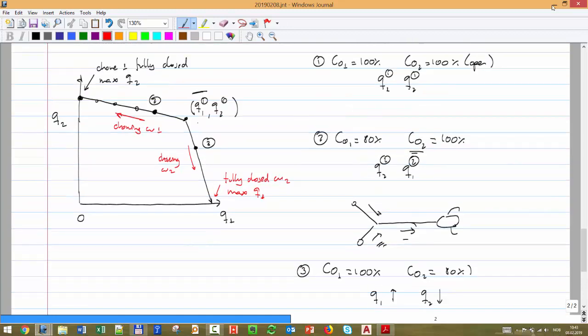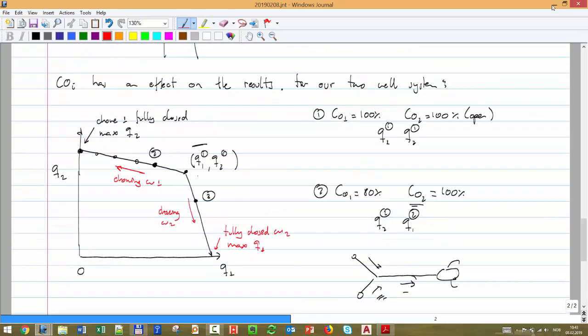Now comes the bit difficult part. So I have these 3 points. I run a simulation with fully open chokes, one simulation with one choke open, one closed, and one simulation with one closed, one open.